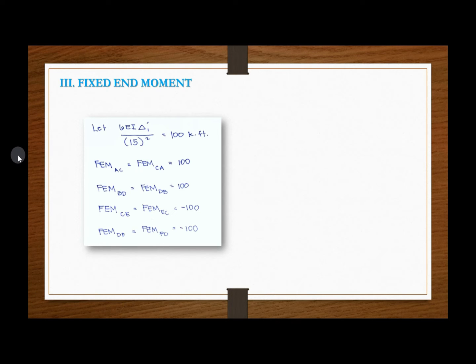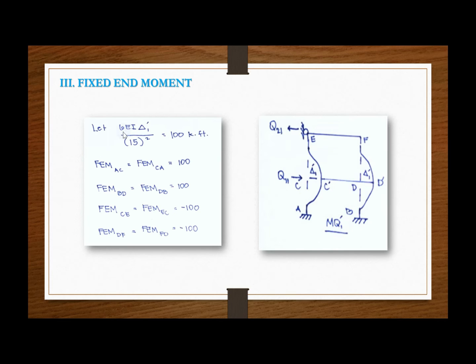So, bakit nag-negative 100? Makikita natin sa figure na pa-left ang direction ng reaction nito, so naging negative. Also, fixed end moment DF equals fixed end moment FD is equals to 0 sa moment Q1.